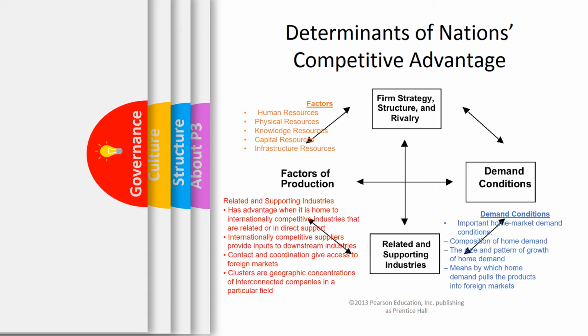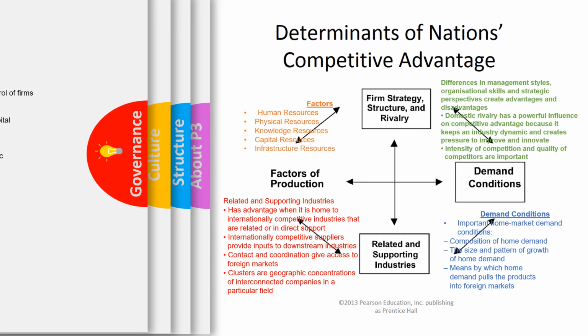So finally, number 4, firms. Now, the competitiveness of firms in one nation is determined by how those firms set strategy and structure themselves. It's also determined by how much competition there is between firms in the industry. Now, how firms are structured and set goals is going to differ from nation to nation, and it's determined by a whole bunch of things, including social factors, political factors, legal factors, and others.